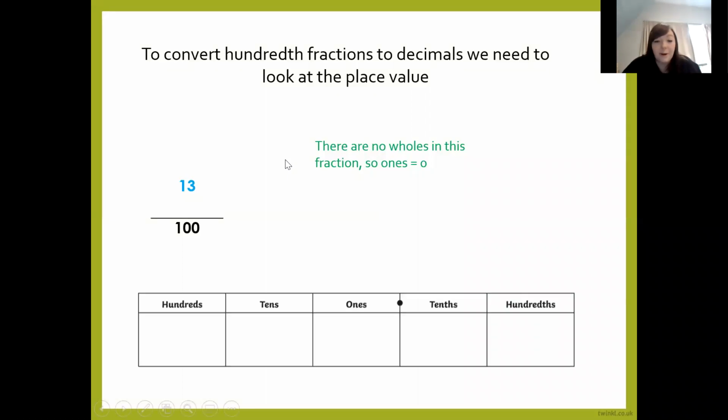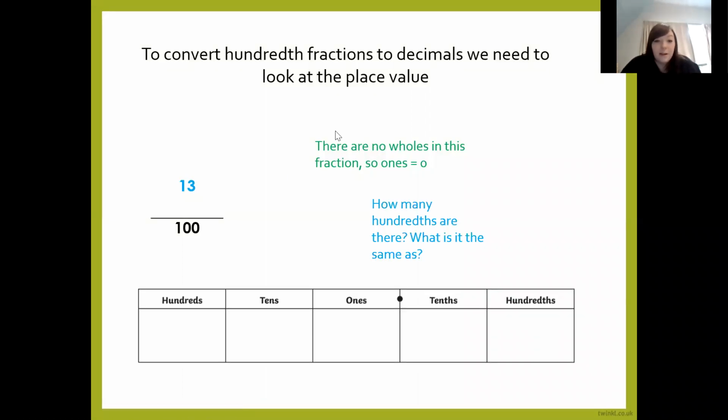Okay, you have 0 wholes, 0 ones. You have 3 hundredths and 1 tenth. So 13 hundredths is the same as 0.13.